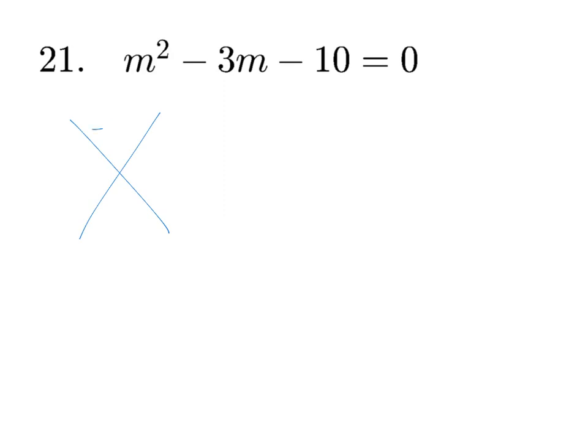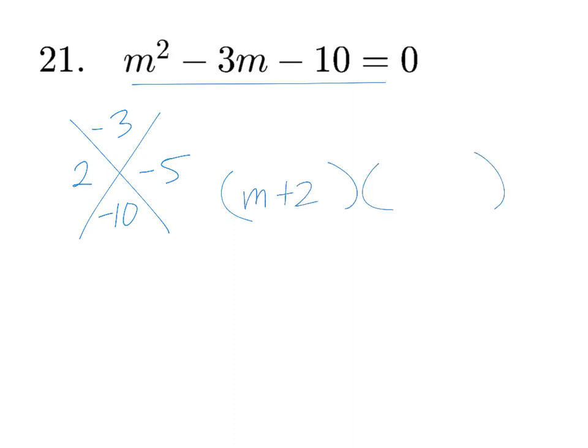I need to find two numbers that add up to negative 3 and multiply to give me negative 10, because I'm trying to factor this expression here. Those two numbers are 2 and negative 5. So I end up with two binomials, m plus 2 and m minus 5 equals 0.